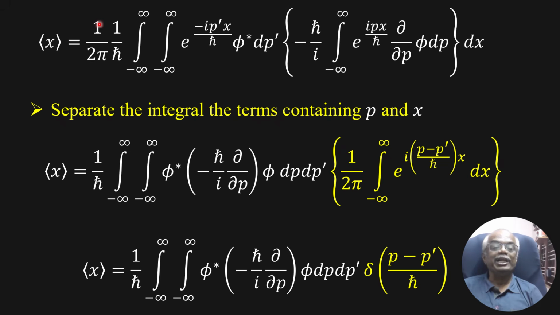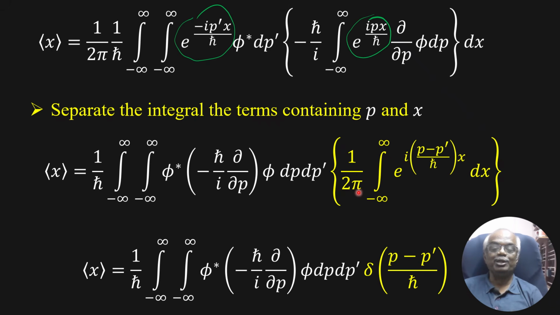And you take 1 over 2 pi as a multiplicative factor, and combine this exponential term with this one. So this integral will become 1 over 2 pi, the integral from minus infinity to plus infinity of e power i p minus p prime over h cross times x, and we are going to integrate with respect to x. So these are the x terms with this multiplicative factor.